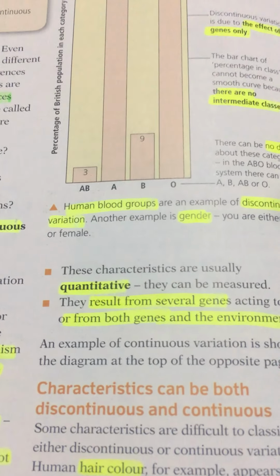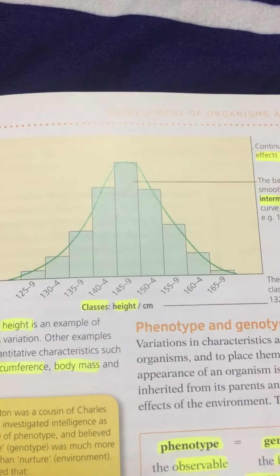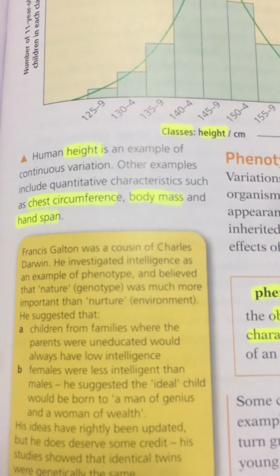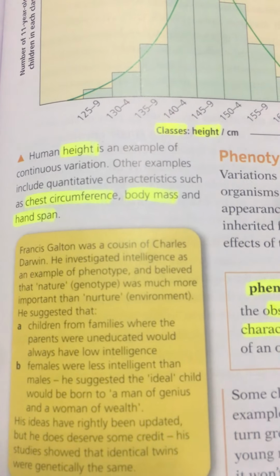So let's study the chart here of the continuous variation. Here we have many examples of continuous variation, like human height, body mass, hand span, chest circumference.